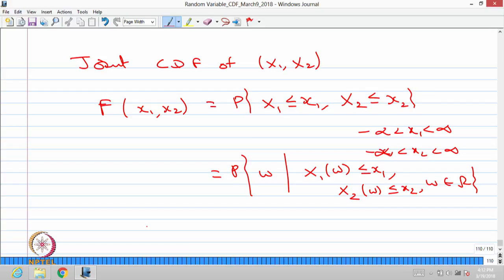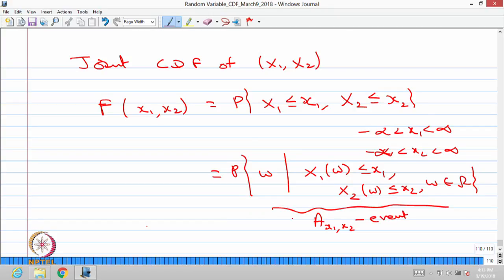The collection of w such that this condition holds, we can label as A suffix x1 comma x2. This is an event, because whenever you collect a few possible outcomes, that is nothing but an event. So A suffix x1 comma x2 is an event.